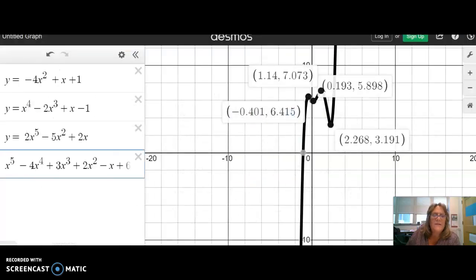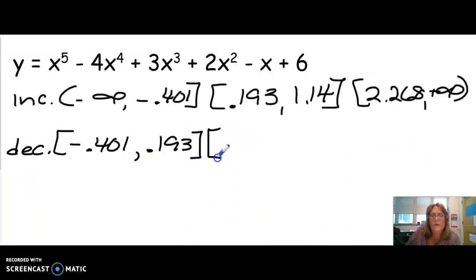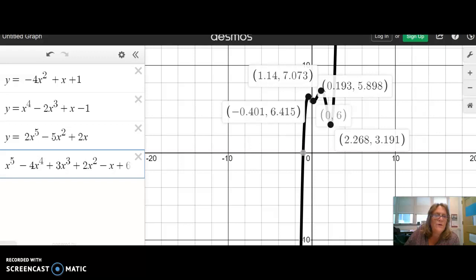Then my next place that it's going to decrease is from 1.14 to 2.268. And I only have 2 decreasing parts in that graph.